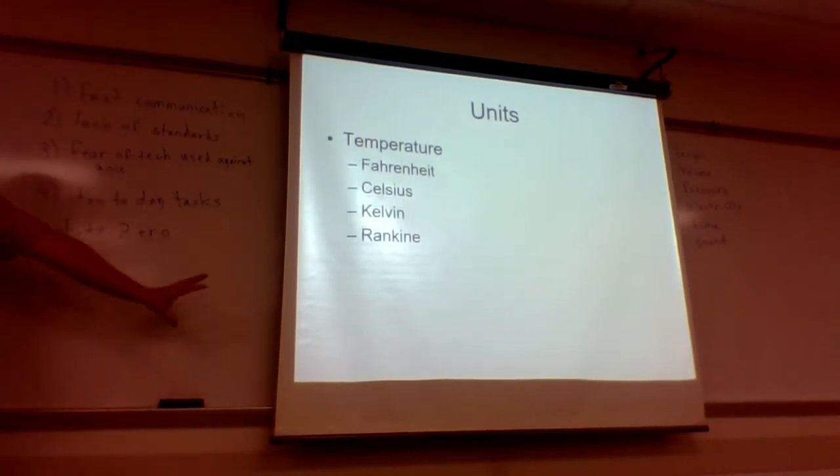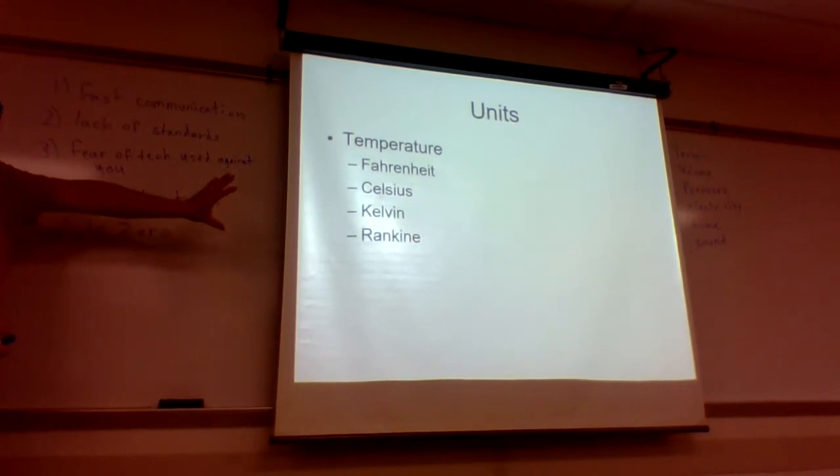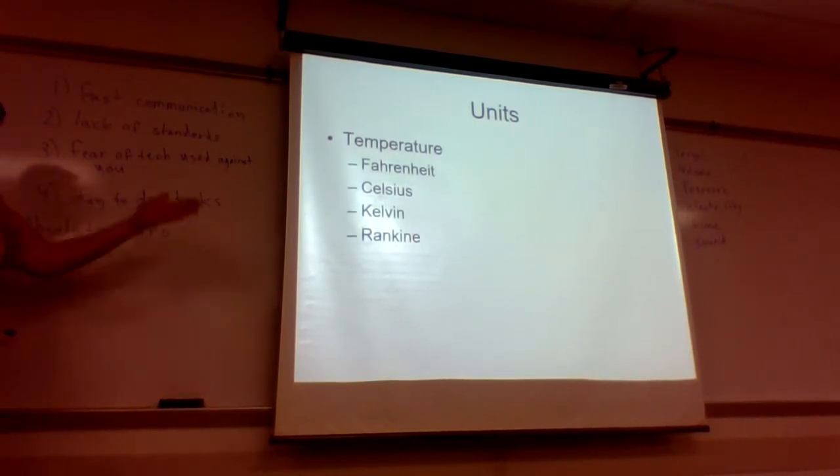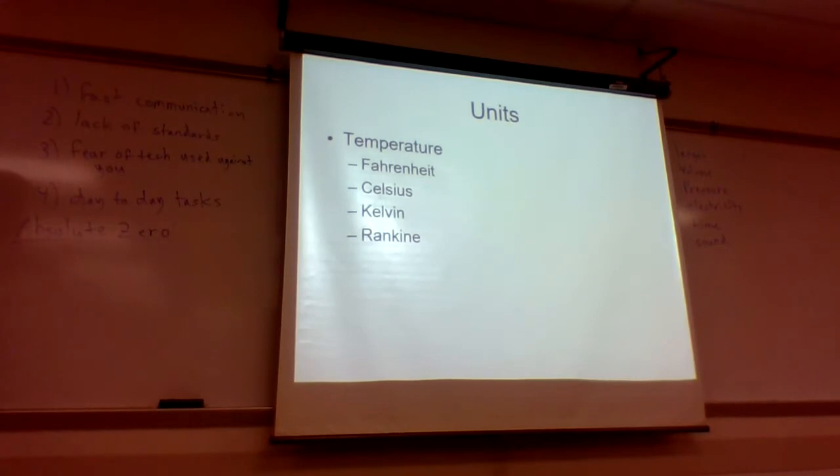Anything below the freezing point of water at 1 atmosphere is negative Celsius, and in Fahrenheit, of course, occasionally we'll experience negative temperatures. You do not experience negative values in the Kelvin scale. 0 Kelvin is the lowest possible temperature. That's the point where all molecular motion stops. You cannot remove any more heat at that point.